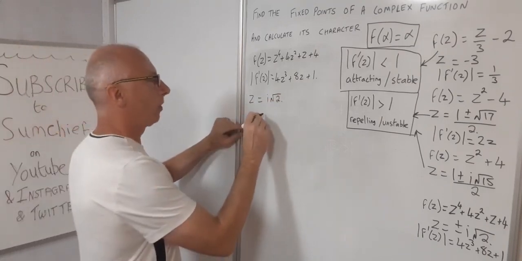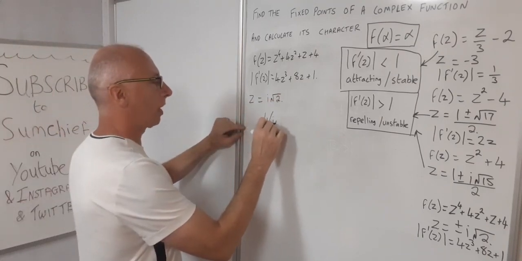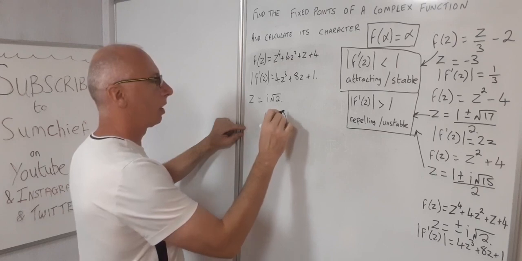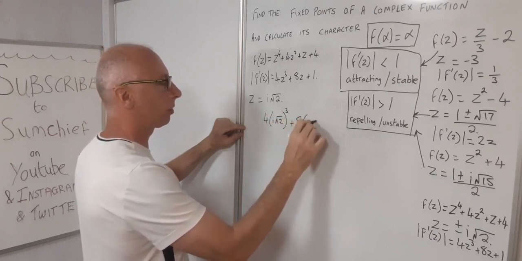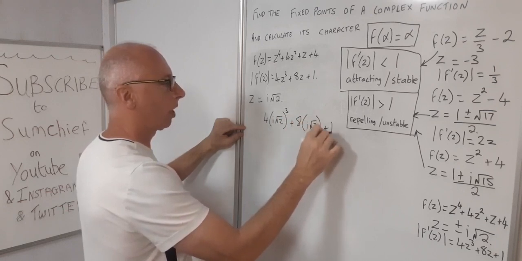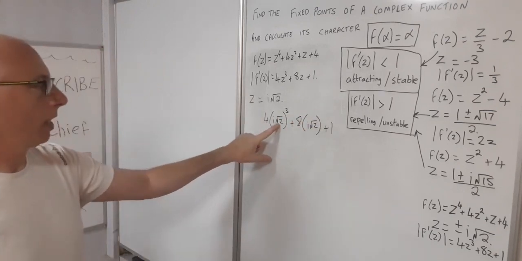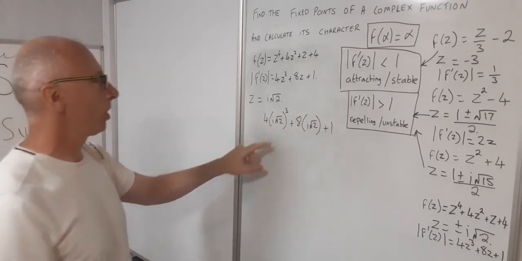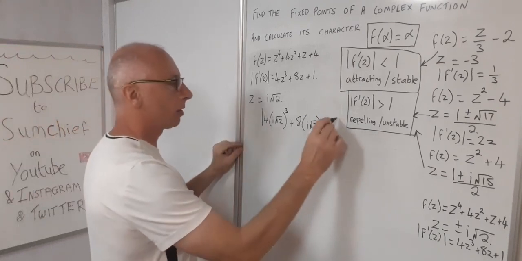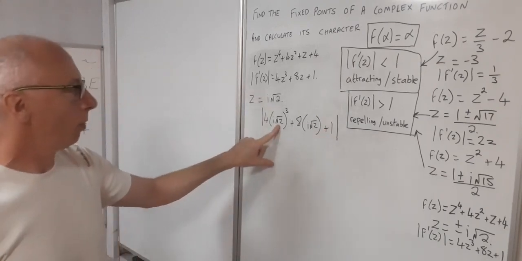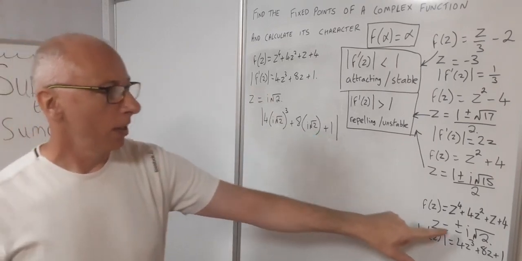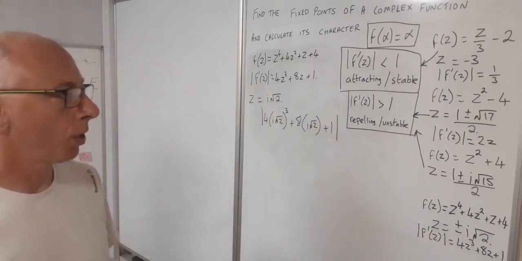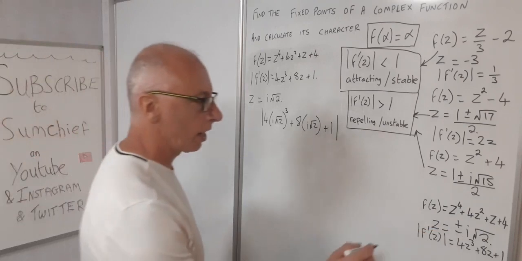So we've got 4 times (i root 2) to the power of 3 plus 8 times i root 2 plus 1. These are all going to be positive values in terms of the absolute values. So for z equals plus i root 2, that's going to be greater than 1.